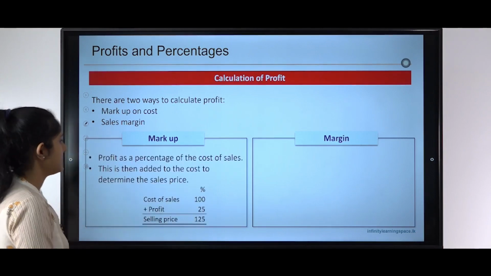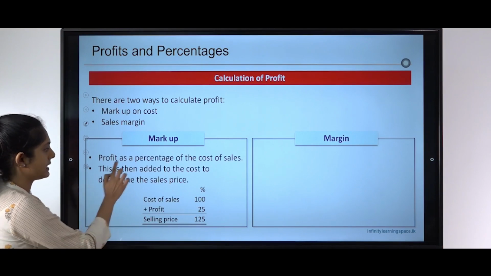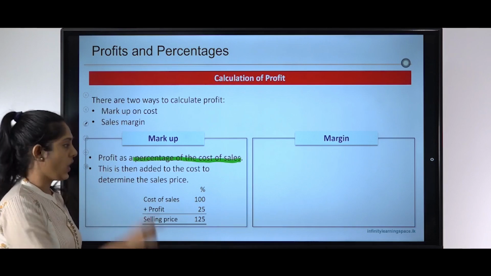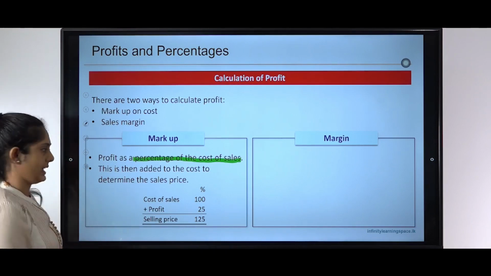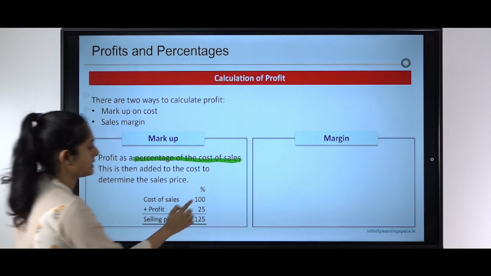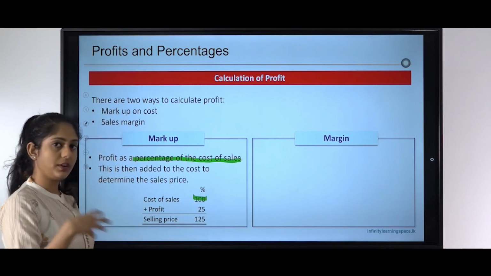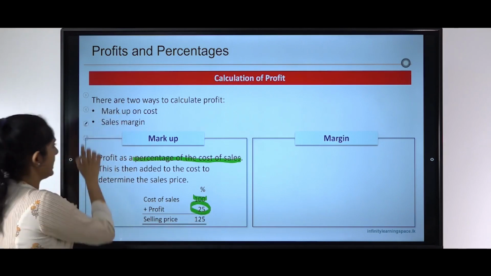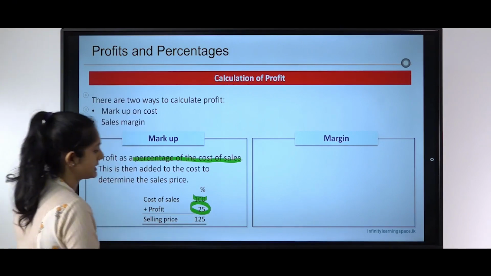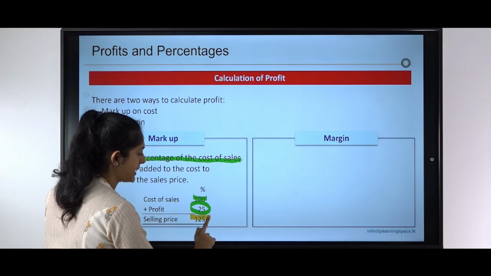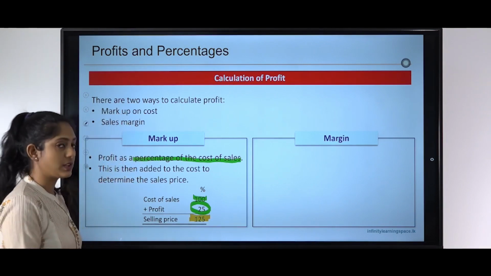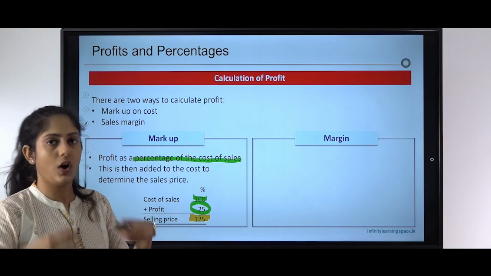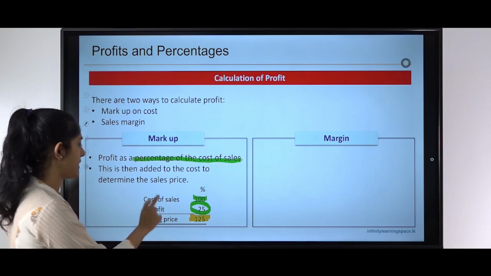Markup means where profit is considered as a percentage of the cost of sales. On cost, you add a percentage. For example, if your cost is 100 and you want to add a 25% profit, you add the 25 and then your total selling price is 125. If your cost was 100, on top of that you add a 25 or any profit you want, that's called the profit markup.